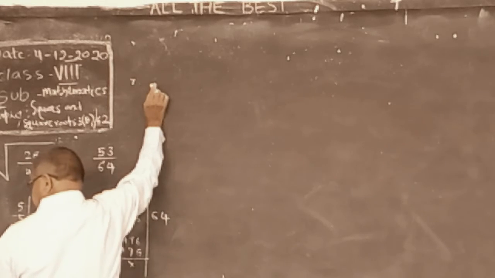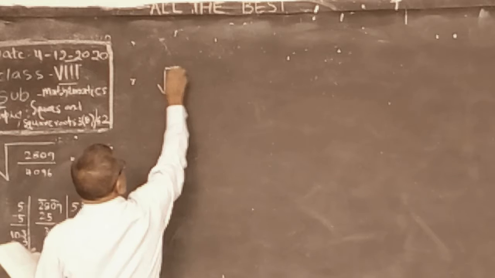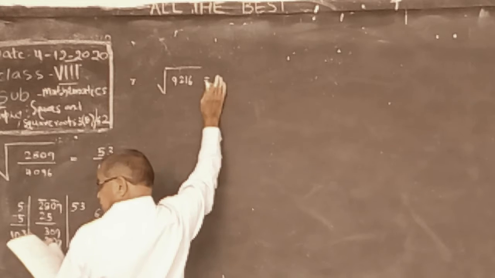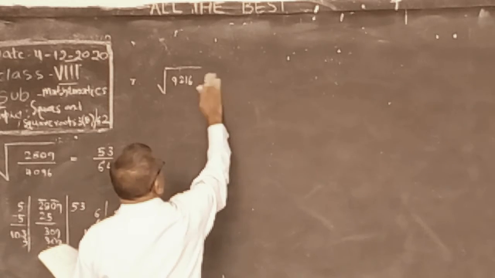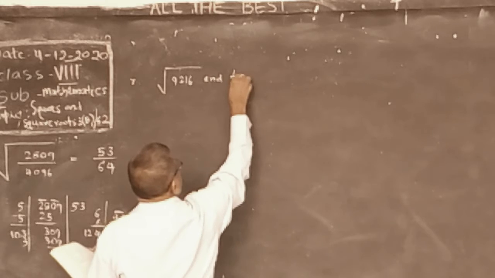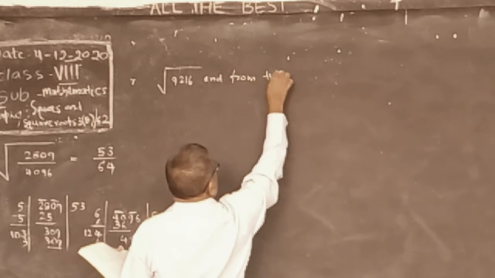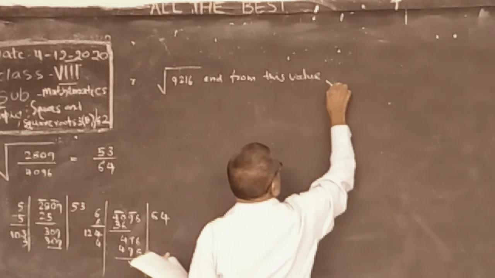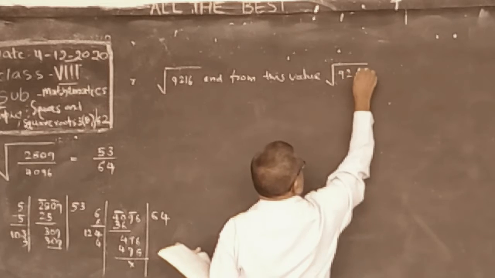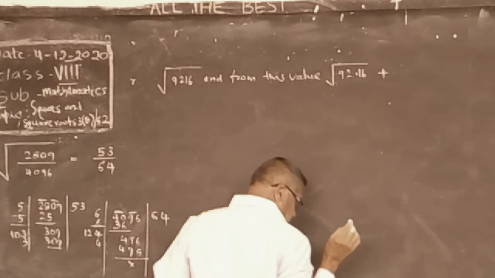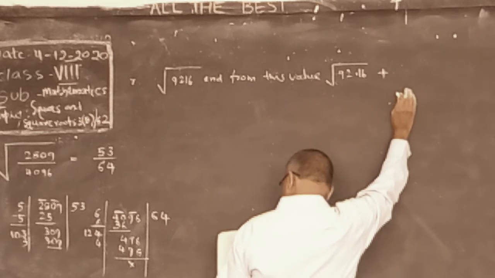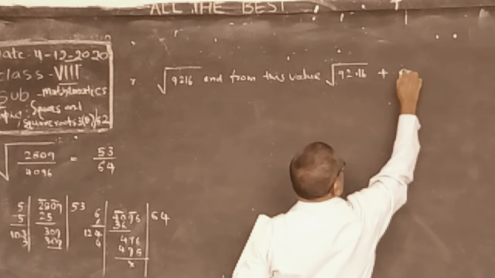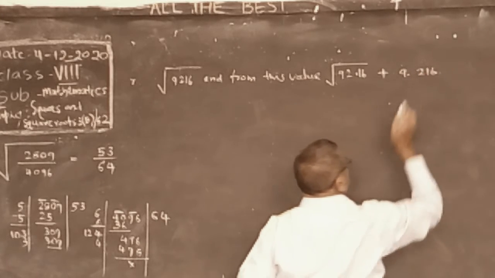Like that you do the others. Square root of 9216 is equal to, find the value, and from this value, square root of 92.16 plus 9.216 plus 9.216.